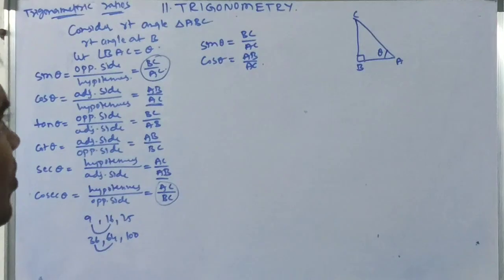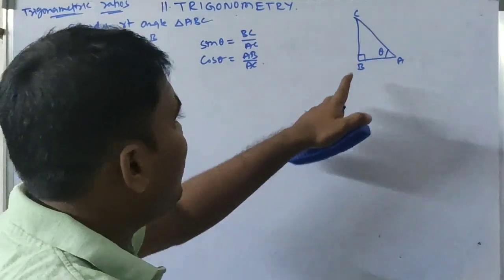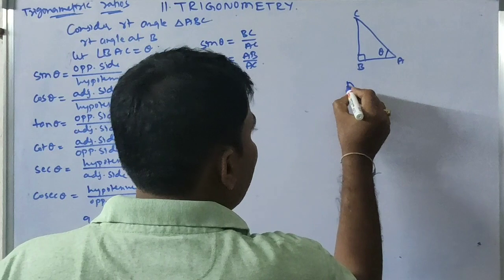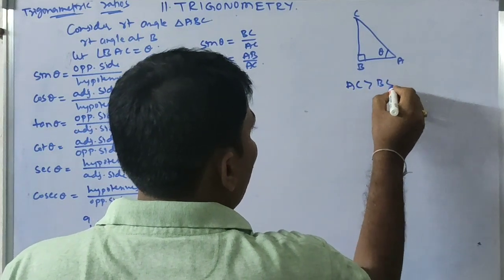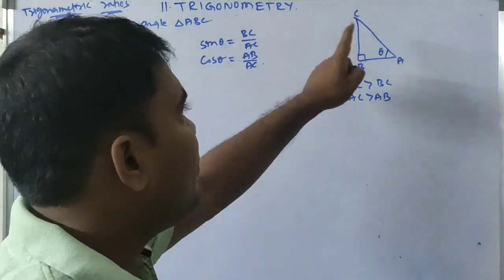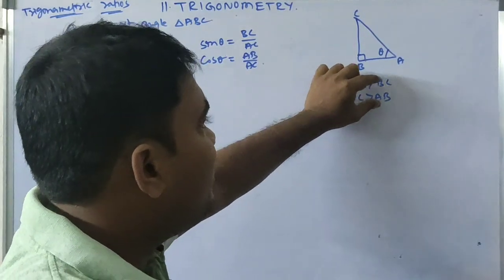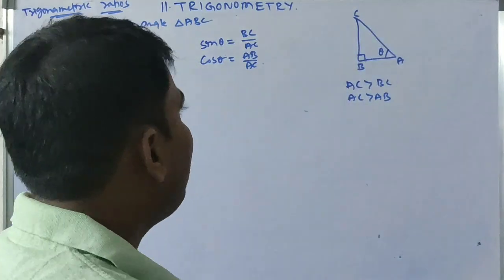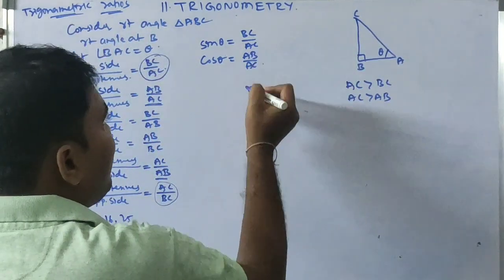So if we observe these two, AB and BC are two sides, and AC is the hypotenuse. AC is greater than BC and AC is greater than AB. So the hypotenuse is the bigger value. Both BC and AB are less than the hypotenuse AC. So here the denominator is the bigger value.